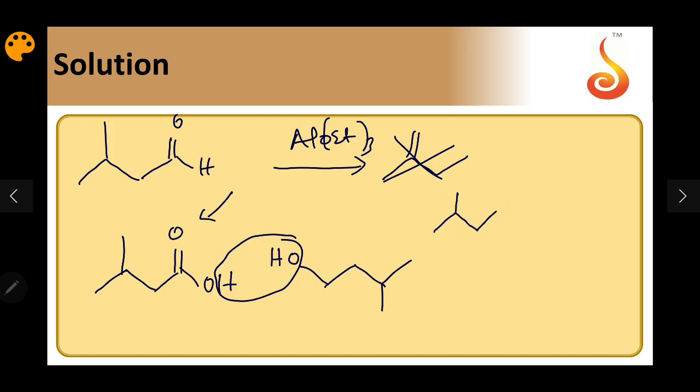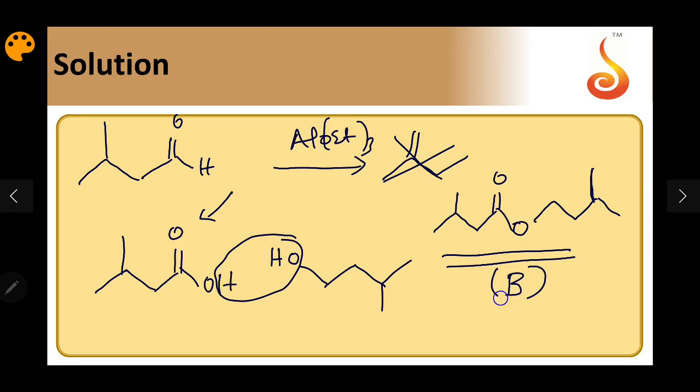This is the methyl, this is the acid part, ester. After that we have a group of 4 carbon atoms. This will be the methyl. So this is the ester. So this is compound B, which is an ester.